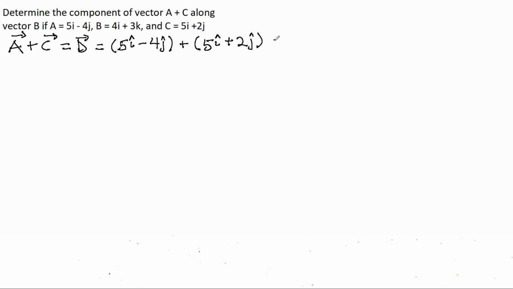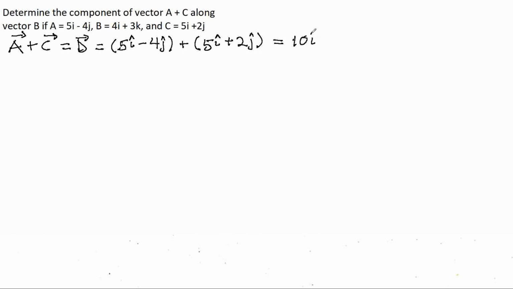So over here we add like terms. We add 5i to 5i, and we add negative 4j to 2j. 5 plus 5 gives us 10i.